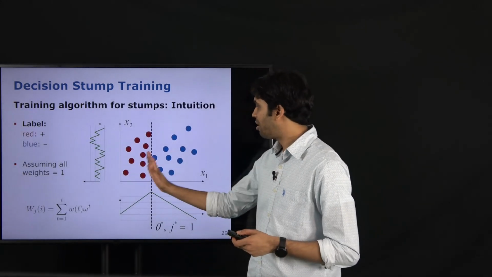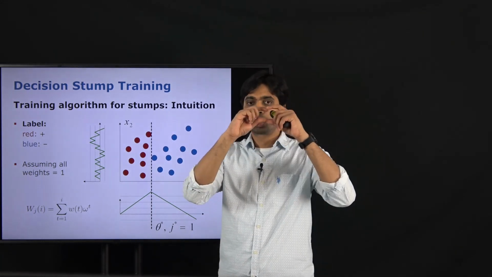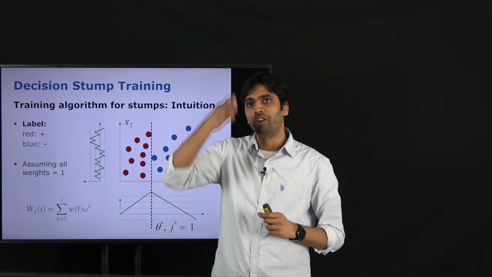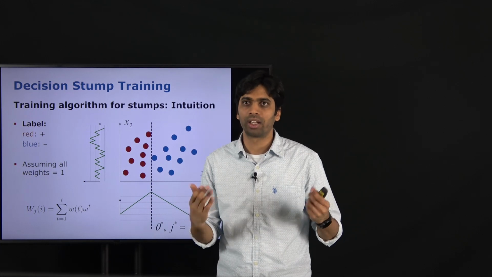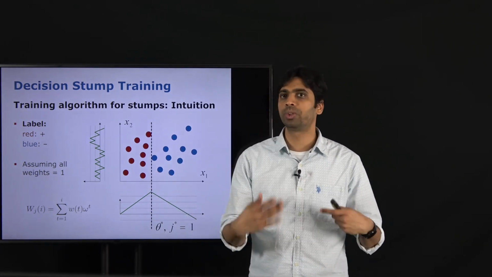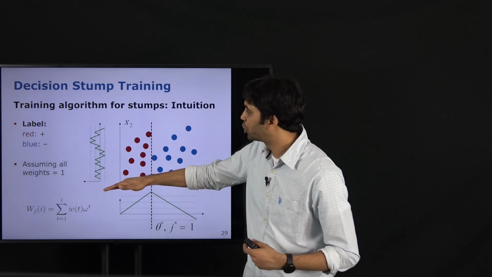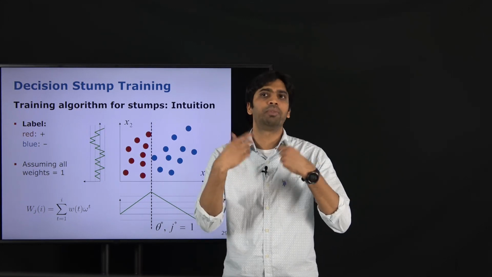And I do this for every single discretized position that I have here, and I get scores for each one of those vertical lines. And then I want to choose the one which is the minimum. Then you repeat this on the other axis, since we also have to choose the correct axis. So you sweep over this axis, you sweep over this axis, and find that theta which minimizes your overall error.